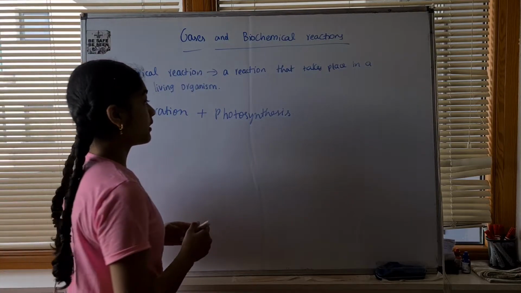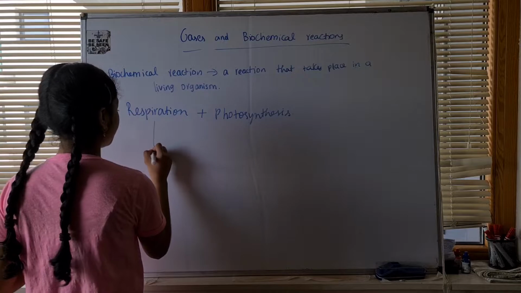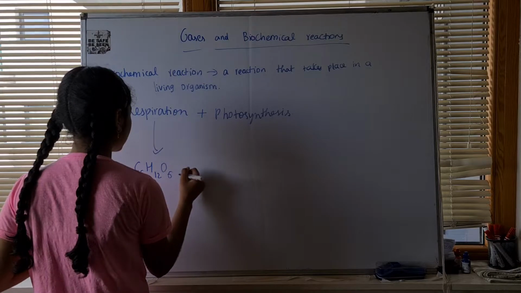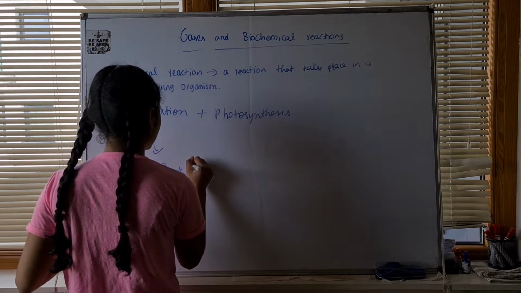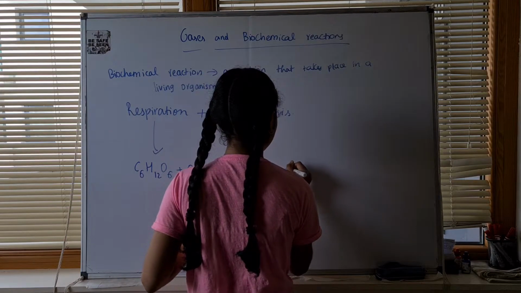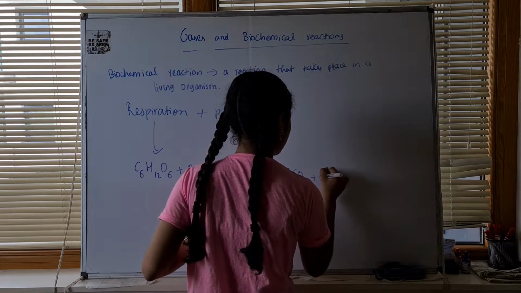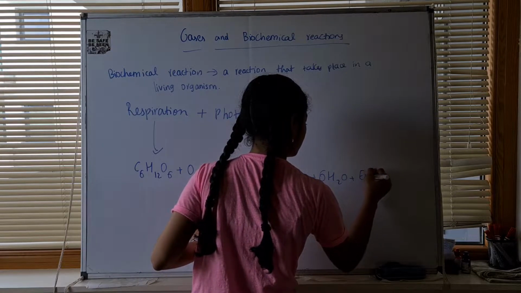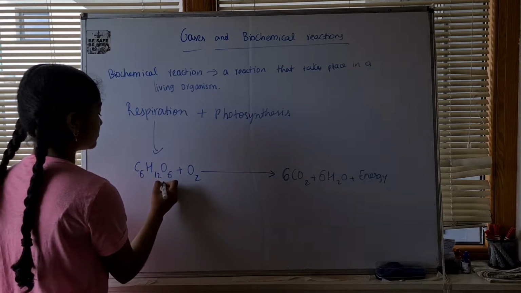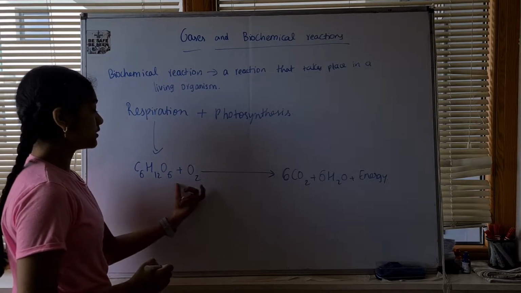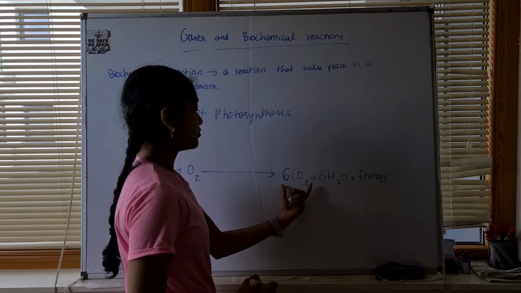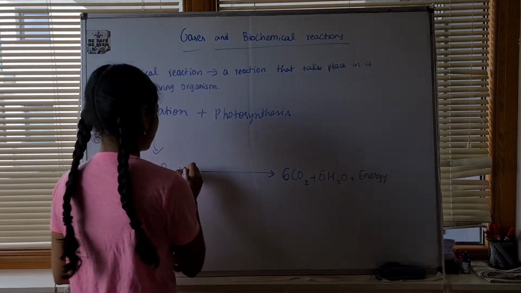So the chemical equation for respiration is C6H12O6 plus 6O2 gives 6CO2 plus 6H2O with some energy.